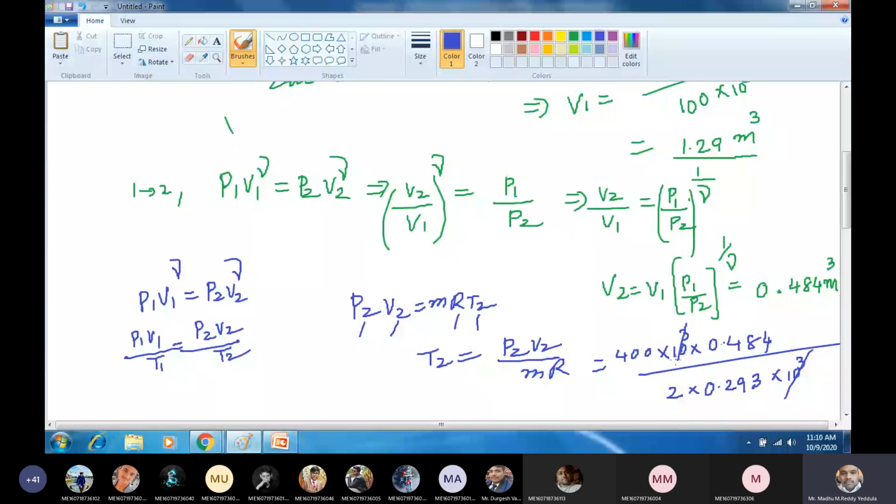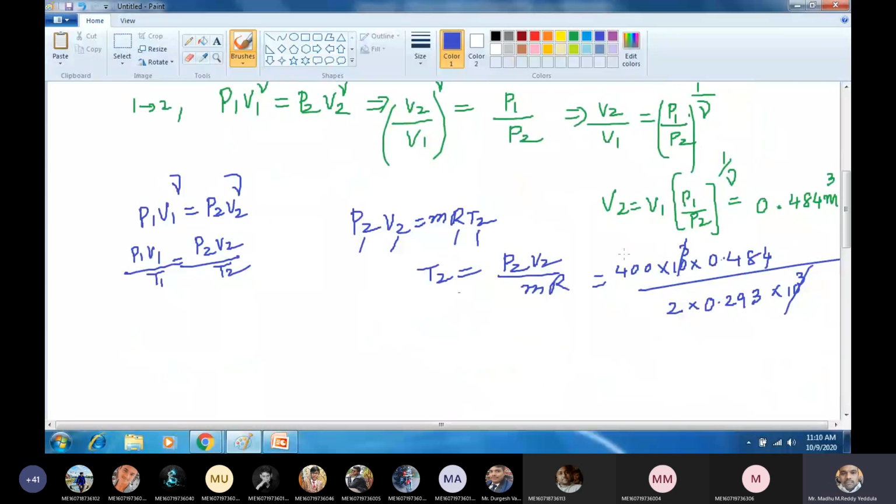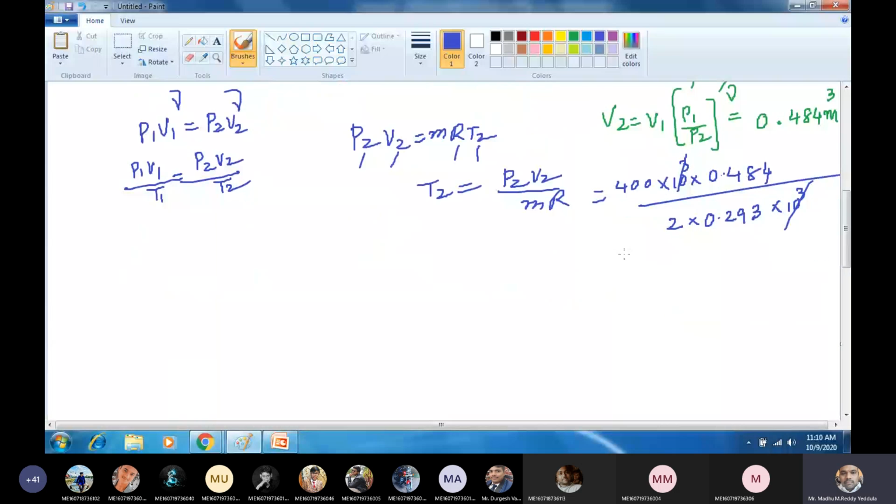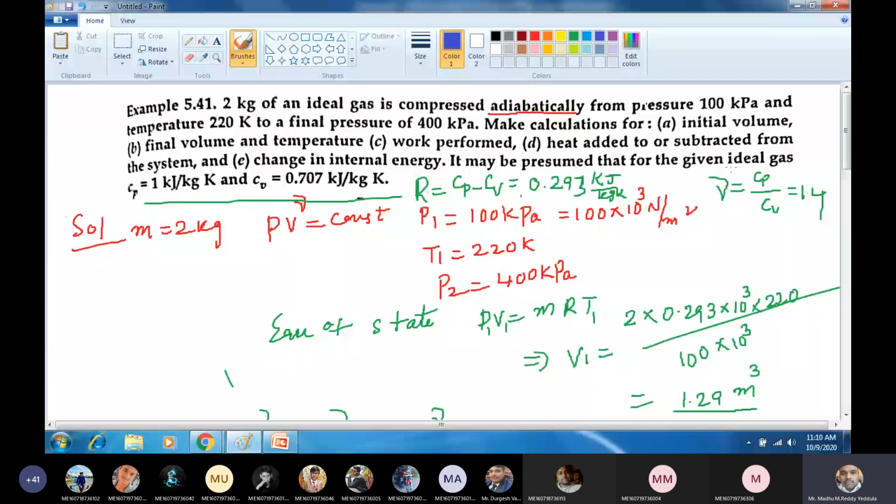So the 10 power 3 will cancel. Please tell me T2. T2 is around 330 Kelvin. That is the final temperature.